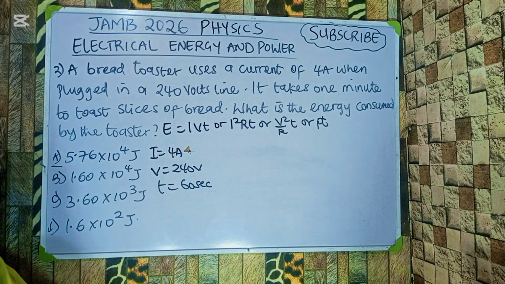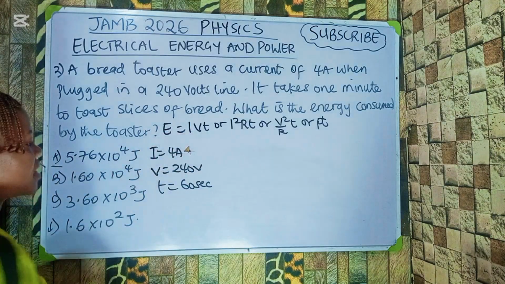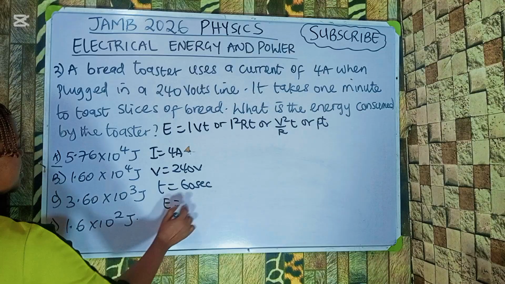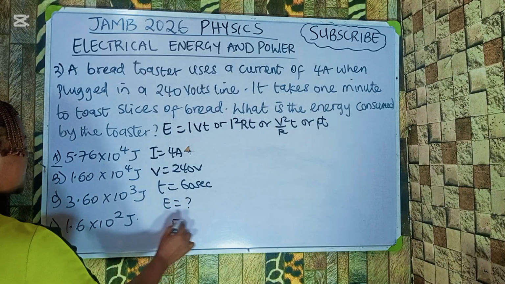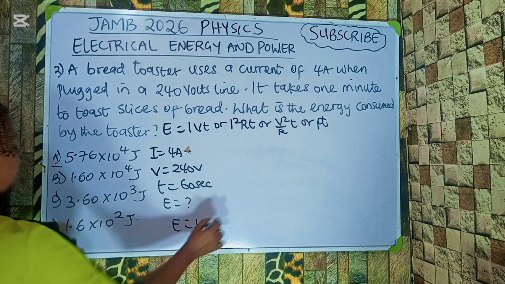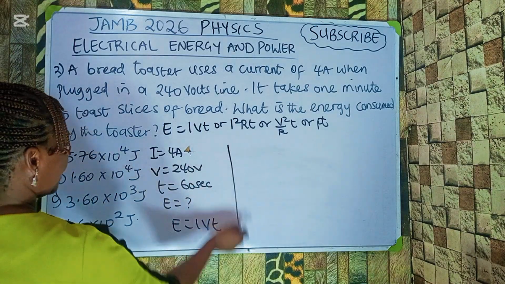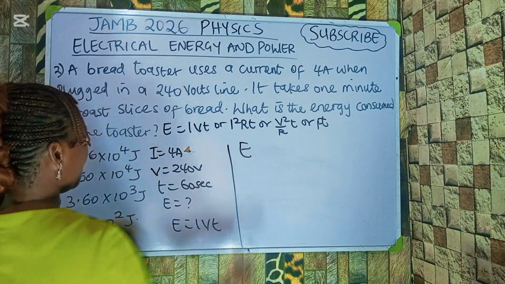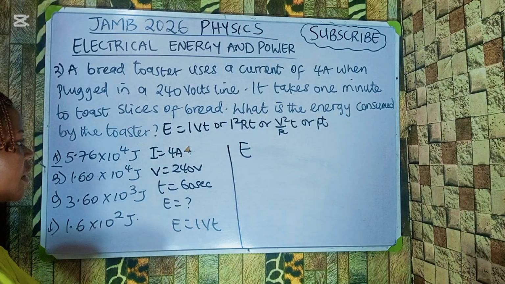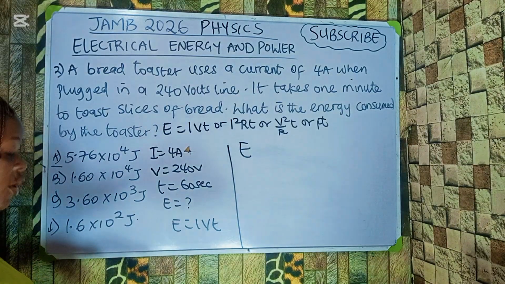So the formula we are going to use based on the parameters given to us is IVT, right? Now we are looking for energy. So we are going to use energy is equal to IVT. Are we clear? Okay, putting it in the formula, I have that E. Remember, energy is the same thing as work done, electrical work done, and then electrical heat.